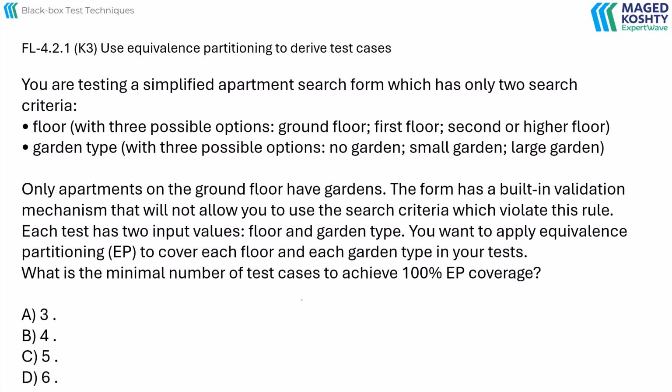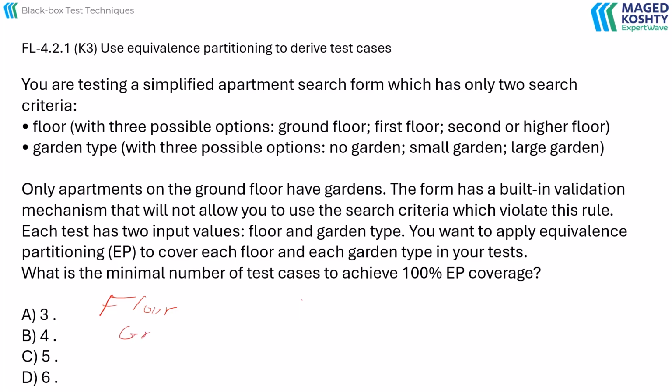You want to apply equivalence partitioning, EP, to cover each floor and each garden type in your tests. What is the minimal number of test cases to achieve 100% EP coverage? First, we need to define the partitions. We have two variables, floor and garden type.